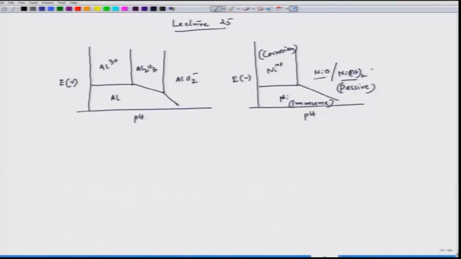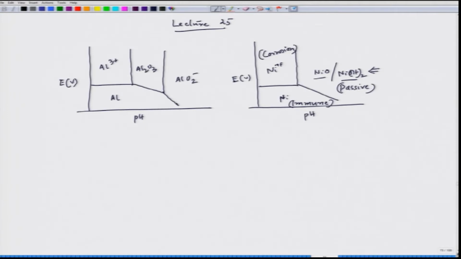The nickel corrosion is still there, but the amount of corrosion is less, because the amount of corrosion of nickel would be decided by the solubility product of these two products. We call it the passive zone, because the corrosion of nickel is limited because of the formation of this passive layer on top of the nickel.